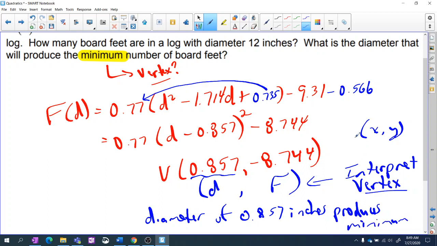Okay, so that's the second question. The first question says, how many board feet are in a log with a diameter of 12? Well, this one just wants us to fill in D equals 12. Let's go back to the very original. They gave you the diameter.